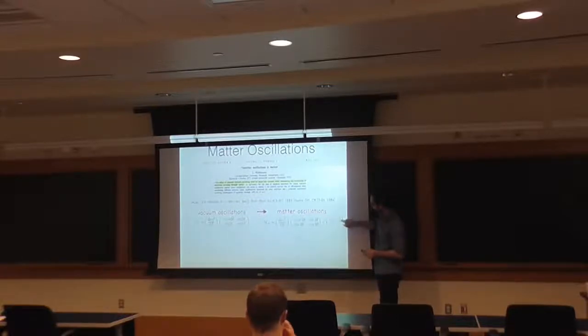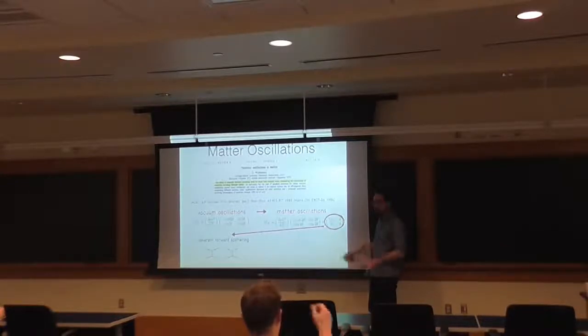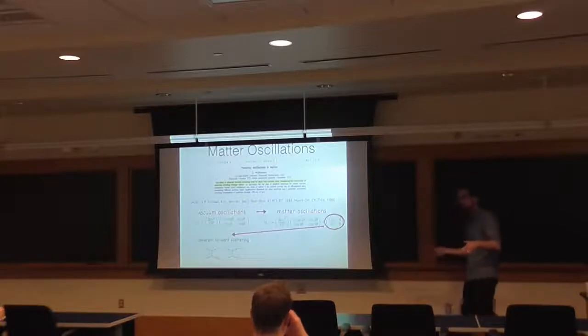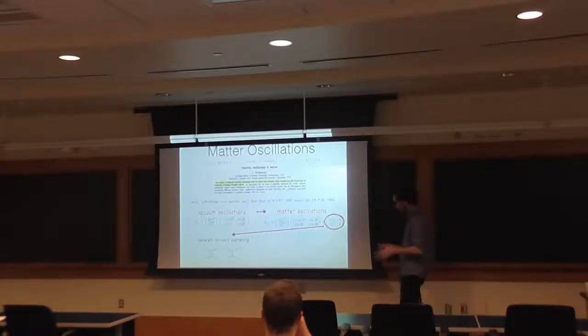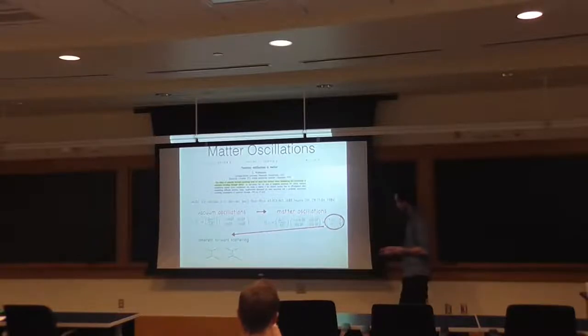And the reason I don't have any other entries here is that I'm imagining this being in the electron and mu flavor basis. So the sun, for example, and all ordinary matter is not symmetric with respect to lepton flavor. Right? It doesn't have a lot of muons or taus around, but there are a lot of electrons. So it's the electron part for the charged current interaction that's non-zero.